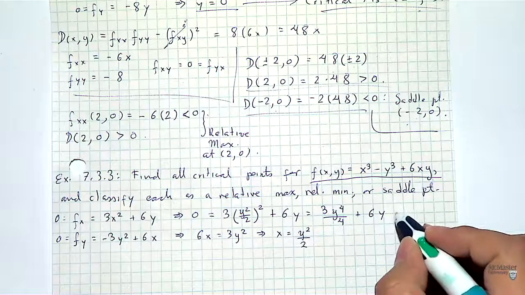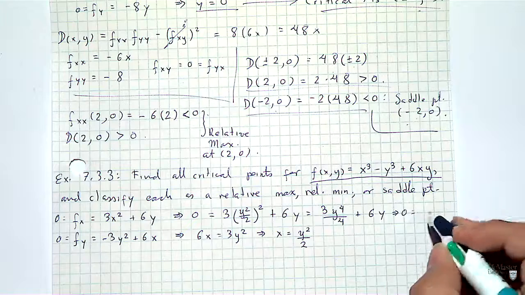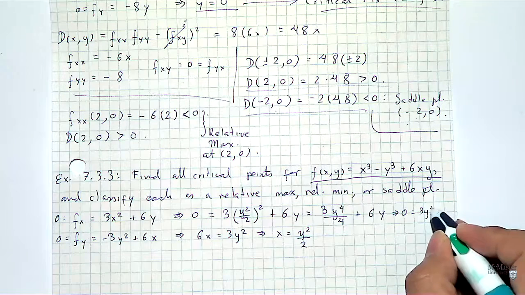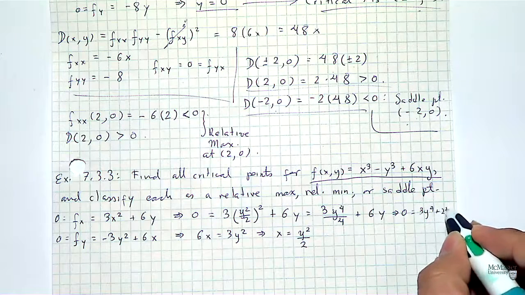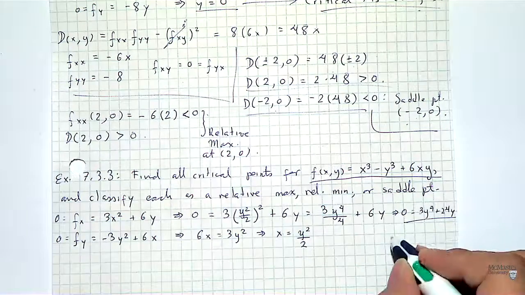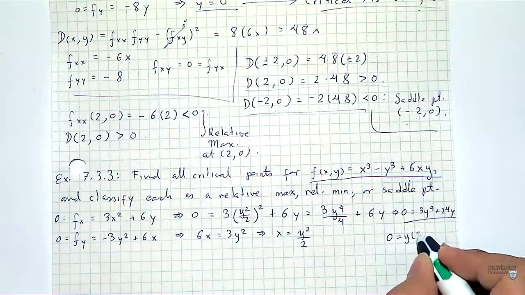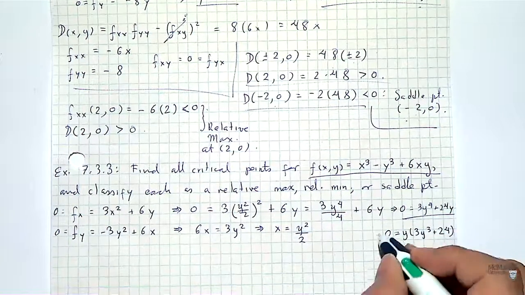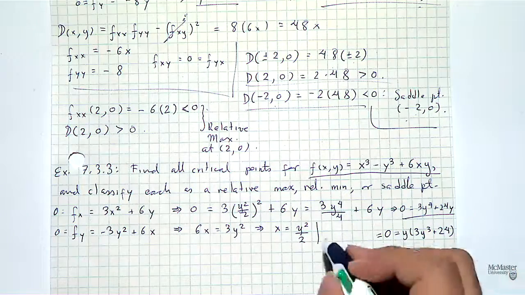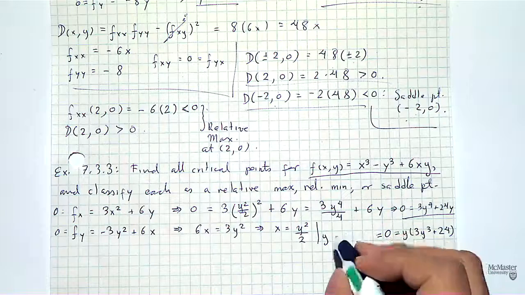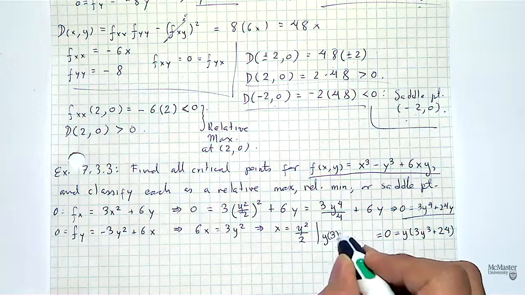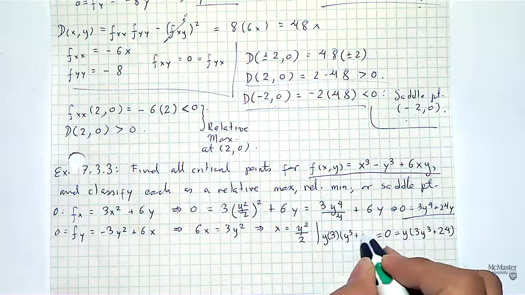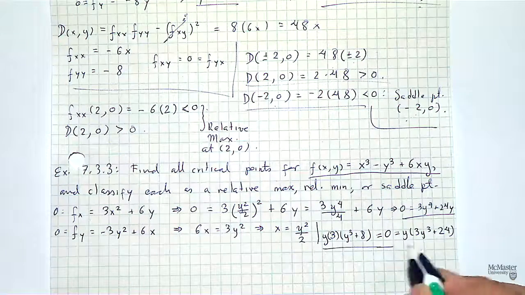which would mean if you multiply by 4, that 0 is equal to 3y to the fourth plus 24y. That lets you factorize: 0 equal to y times (3y cubed plus 24). You could even factorize the 3 if you want. So this is y times 3 times (y cubed plus 8). And that should be equal to 0.